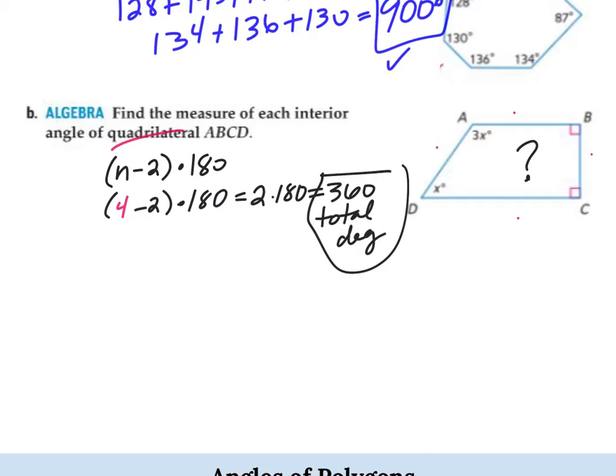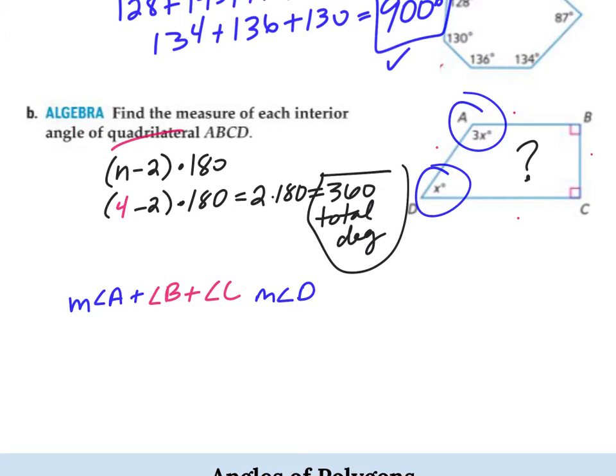But our question was asking, what are the missing angles? Okay, so here we're going to say, I know that all of my angles added up have to be 360 degrees. So we'll say the measure of angle A plus angle B, angle C, and the measure of angle D has to equal that 360 interior angle measurement.